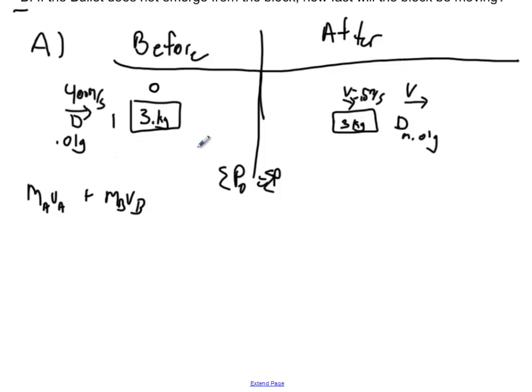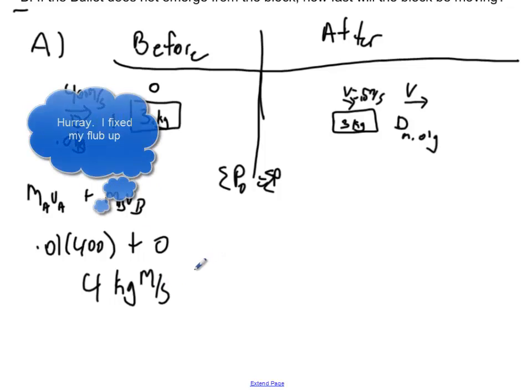That's object A, object B. And so that's 0.01 times 400 plus 0. Why 0? Well, an object at rest has no momentum. So this is just 4 kilogram meters per second. Remember, this is 0.01 kilograms because it's 10 grams. So 4 kilogram meters per second is my starting momentum.